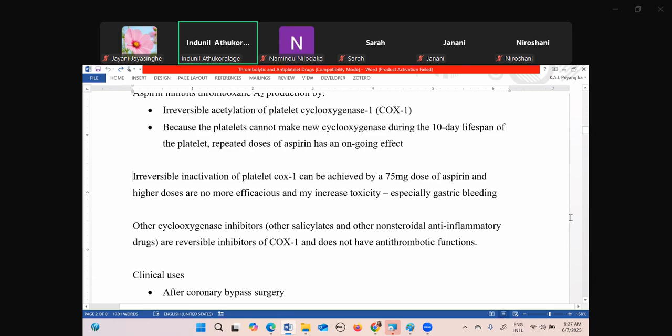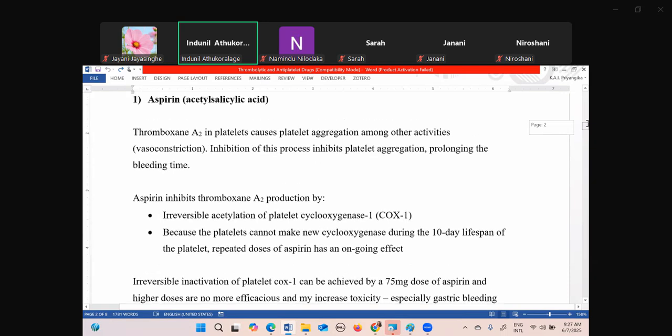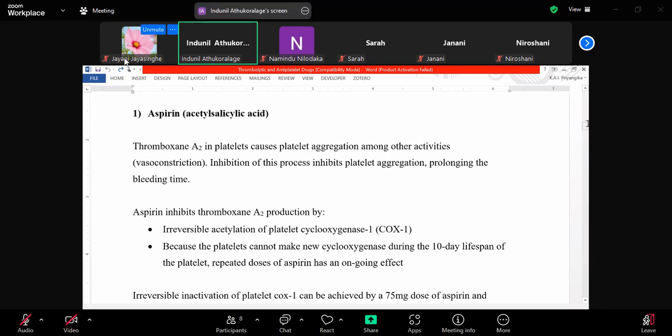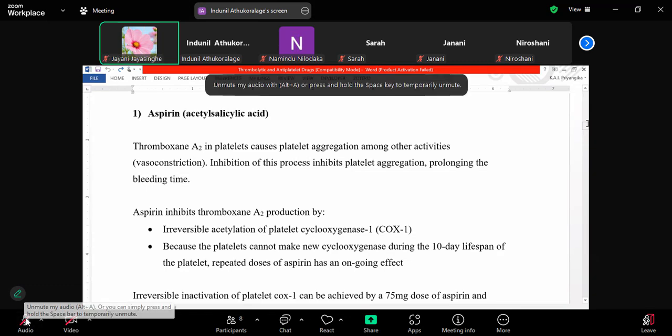So if we summarize, aspirin, acetylsalicylic acid, we know this drug as which type of drug? Analgesic, basically.